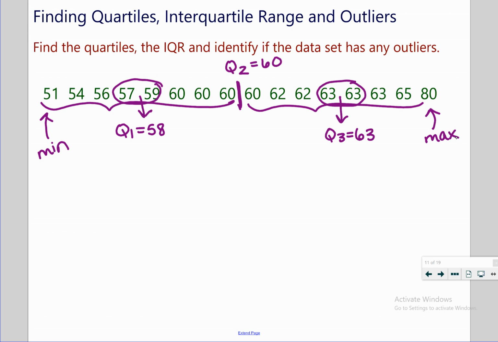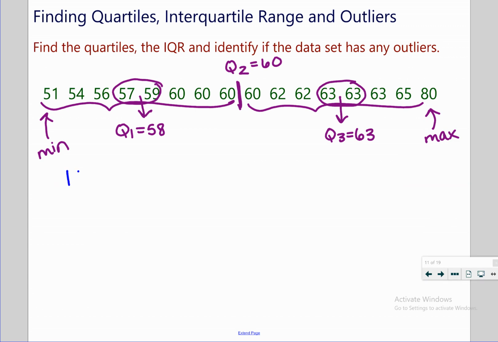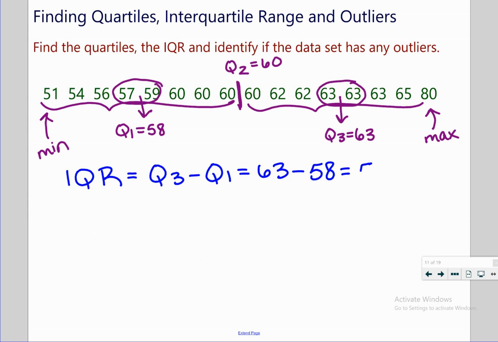Okay. All right. To find the outliers, we first do our interquartile range, which is Q3 minus Q1, 63 minus 58 is 5. Okay. Then we do our interquartile range always times 1.5.